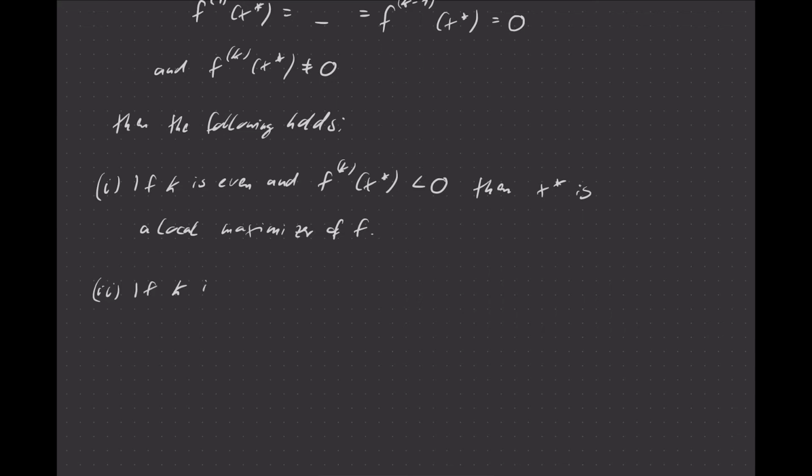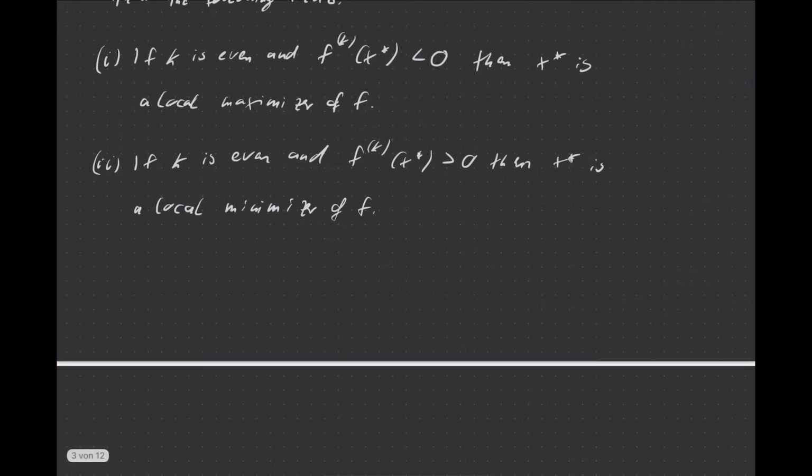So if k is even and the kth order derivative at x star is positive, then x star is a local minimizer of f.